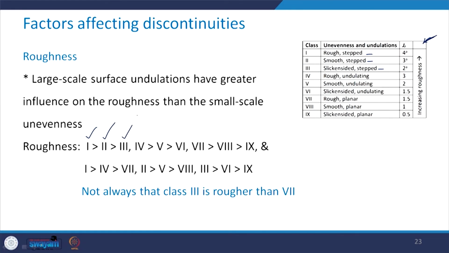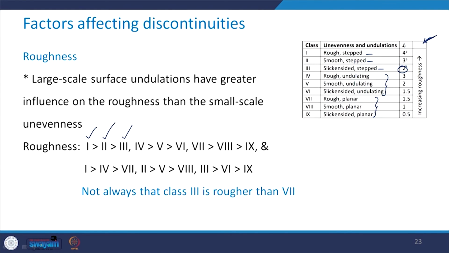So the roughness rating for class 3 is minimum here, it is 2, as compared to class 1 which is 4. Similarly, in the second category of large scale roughness, that is undulating, you will see the same pattern, and likewise for planar.